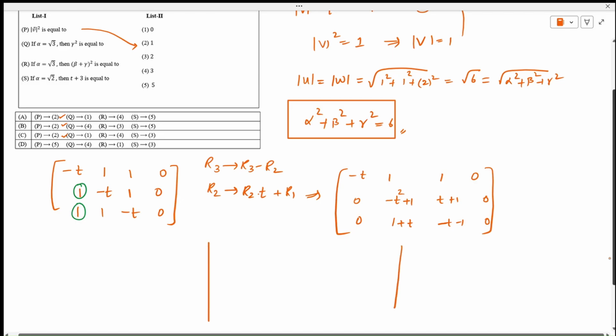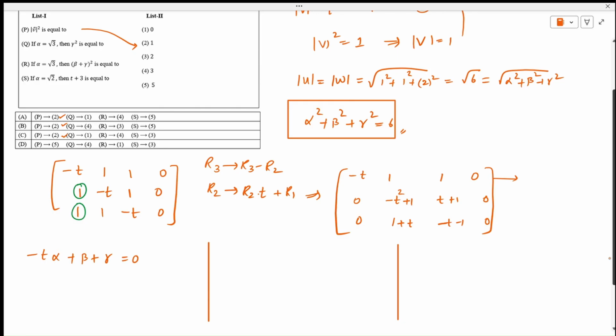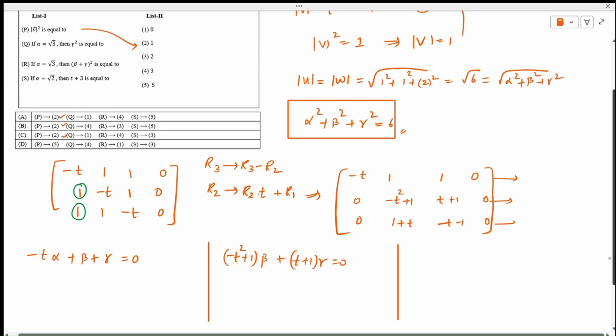So let us look at those three equations. First equation, minus t alpha plus beta plus gamma is equal to 0. Then second equation, minus t square plus 1 into beta plus t plus 1 into gamma is equal to 0. And third equation, 1 plus t beta minus 1 plus t gamma is equal to 0.